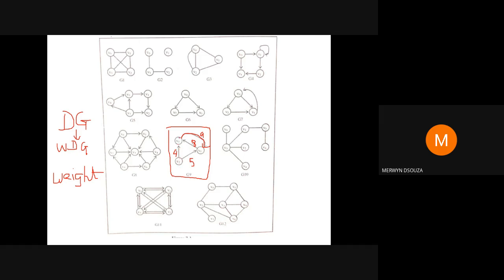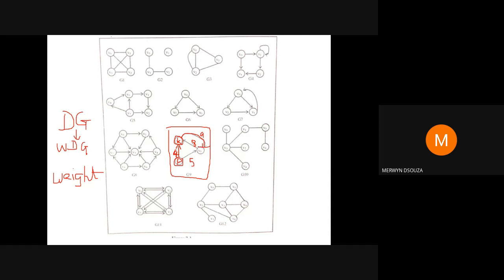Say V0 stands for Kolhapur, and say this node here stands for Panjim. I could say from Panjim to Kolhapur it takes 4 hours to travel, so I would put the distance as 4. So your graphs could be used to represent the hours between cities.